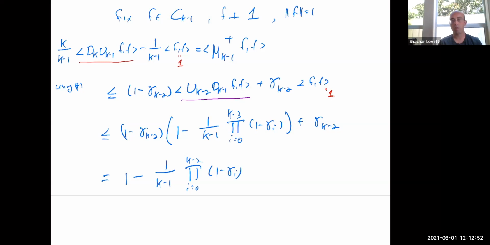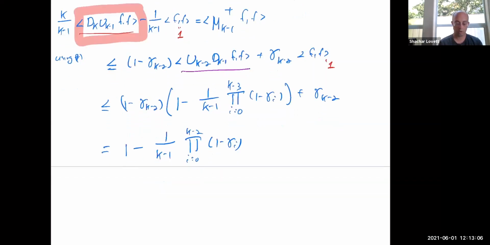We almost have the expression we wanted; now we just shift things around a bit to finish the proof. So I'm going to take this expression and isolate it.